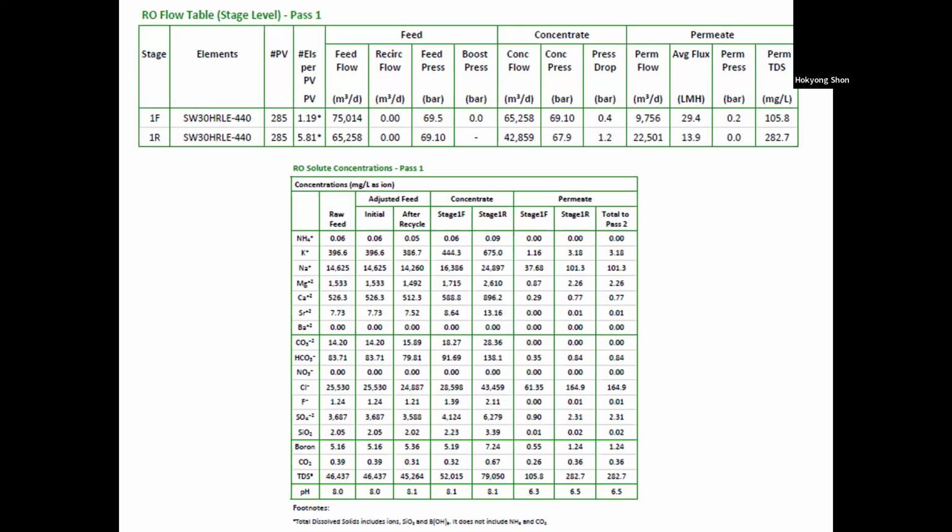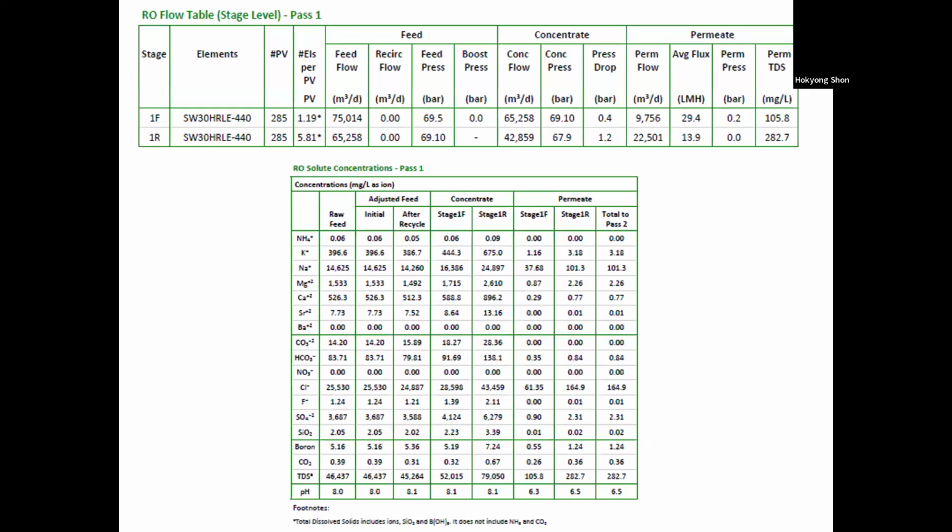After feed, this is your value. You input this, then adjust pH and see how this changes. And then after recycle, stage 1 feed position, permeate quality. So you can see all the detail.